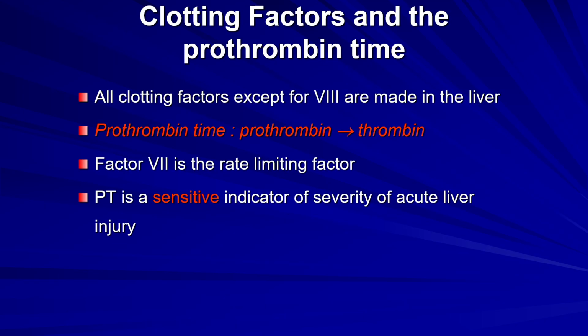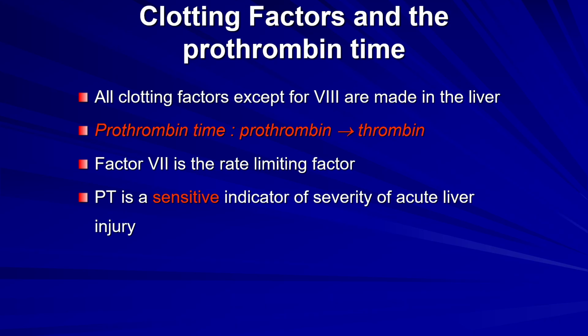All your clotting factors, except for factor 8, are made in the liver. Factor 8, as you know, or von Willebrand factor, is made by endothelial cells in your blood vessels.